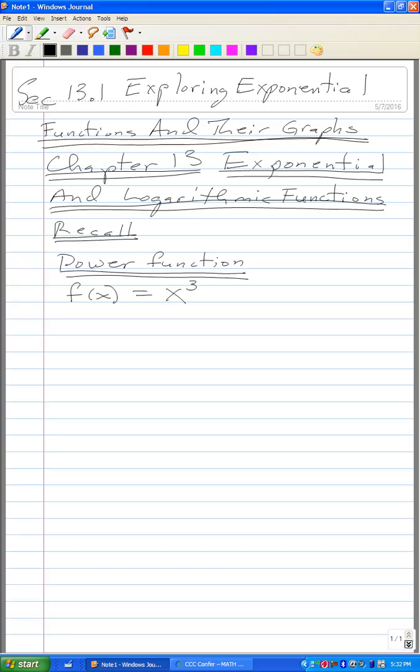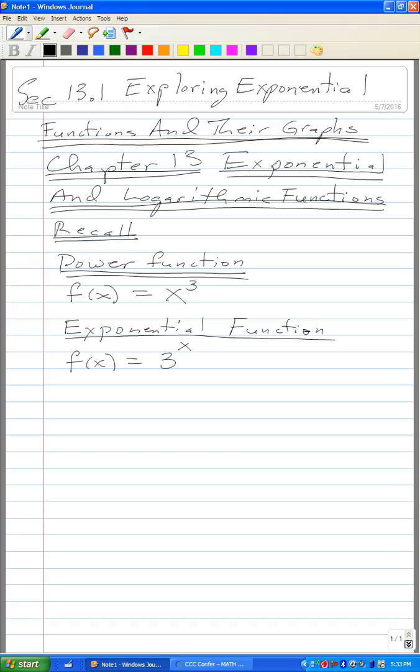For the exponential function, the base is fixed, and it's the exponent that varies.